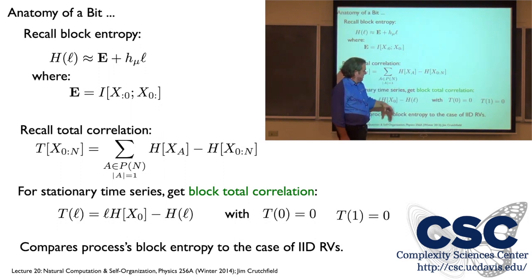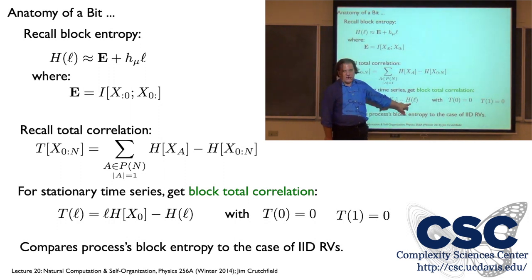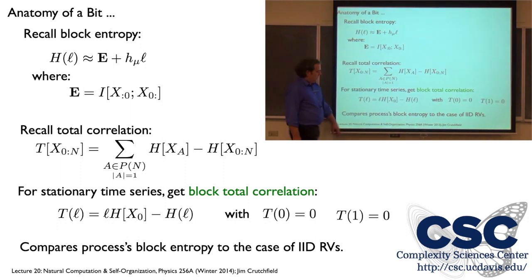I have them across the block in time, but they're all single symbol statistics, and that's the same at any time. So we have L times the single symbol entropy minus the block entropy or joint entropy. So there's a relationship between the block total correlation and the block entropy. And again, remember that we introduced the total correlation as comparing the entire joint process to the individual variables, the marginals of that big joint distribution.